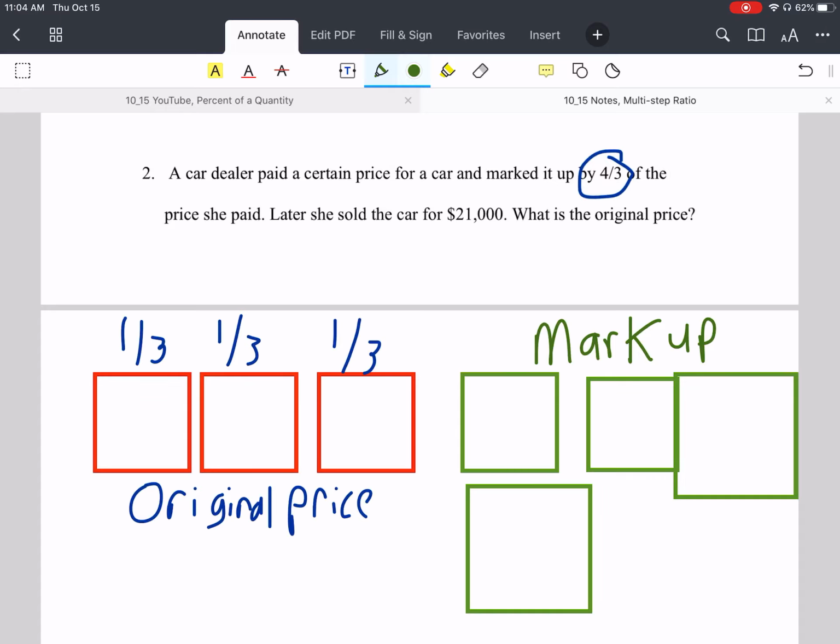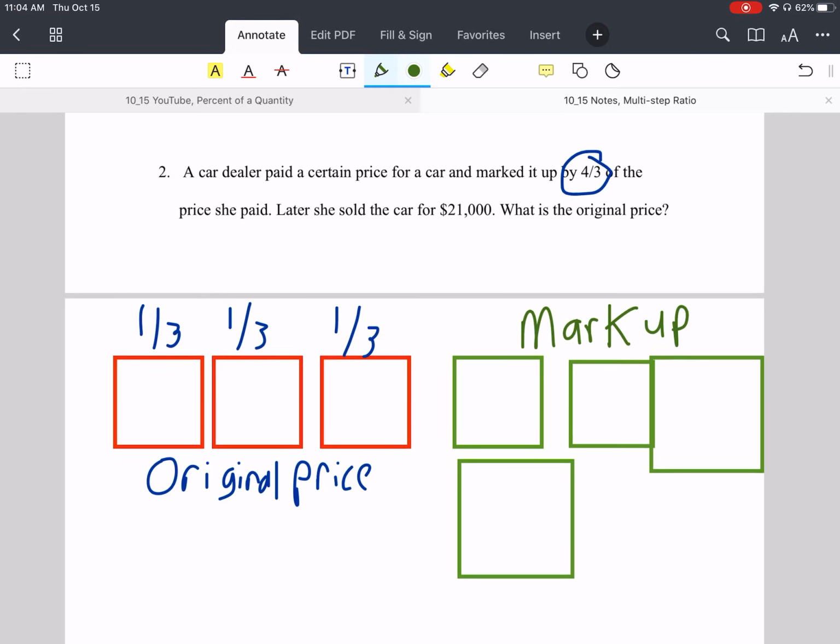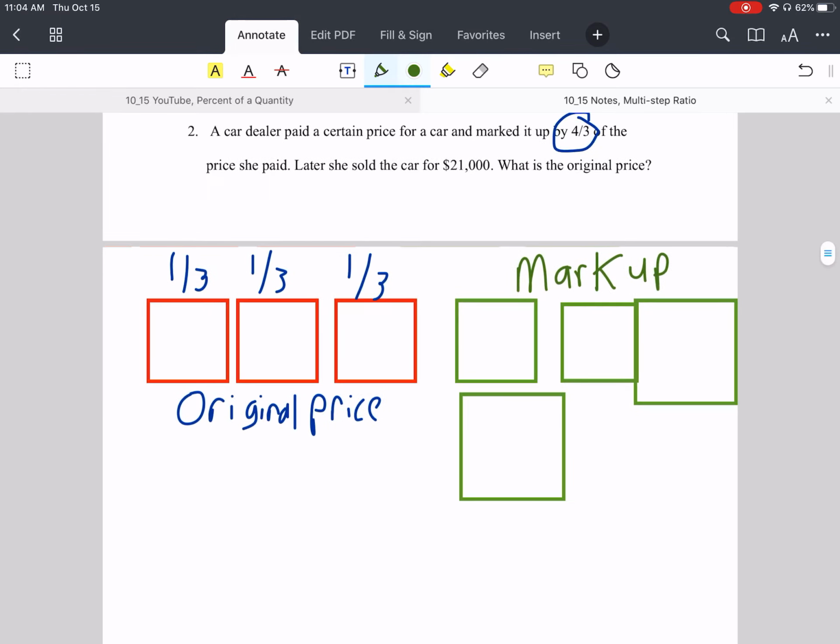Later, she sold the car for $21,000. What was the original price? So these 7 boxes represent what she sells the car for. So we're going to divide 21,000 by 7, and that's going to get us our $3,000 per box.